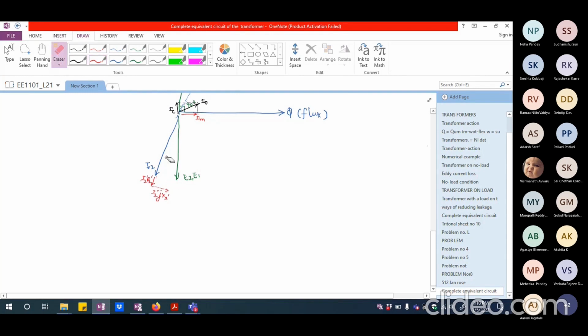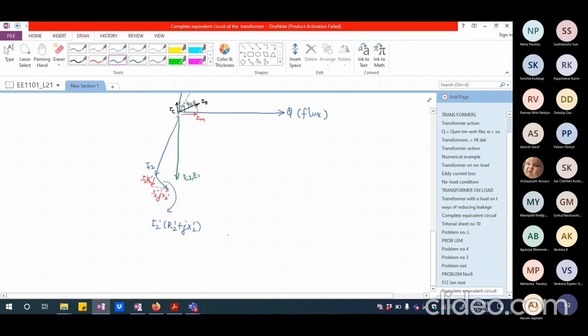Okay. So let me add these two. This gives me what is the drop in R2 dash plus JX2 dash. So what is this value? This is going to be I2 dash multiplied by R2 dash plus JX2 dash.